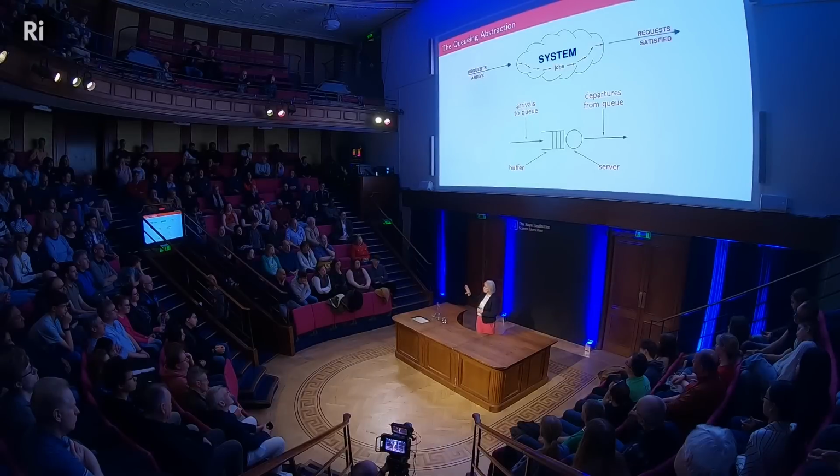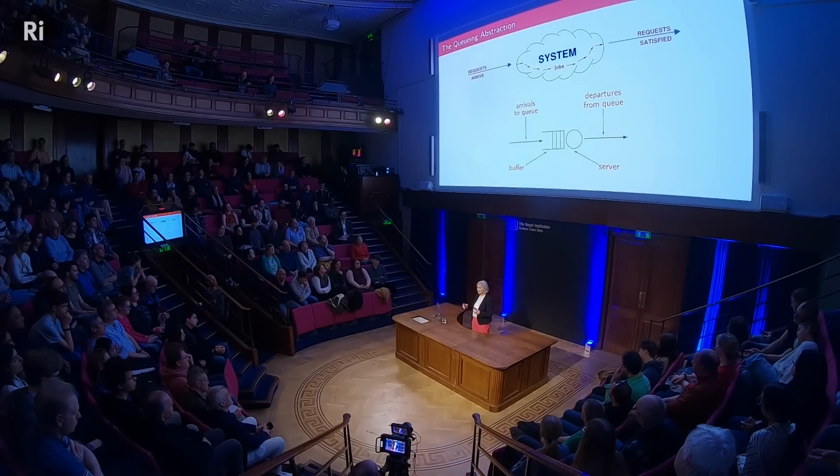So everyone who's waiting may get a small fraction of time. So you might get a minute each until you've each had the service that you require. So this abstraction then allows us to build incredibly rich mathematical models.